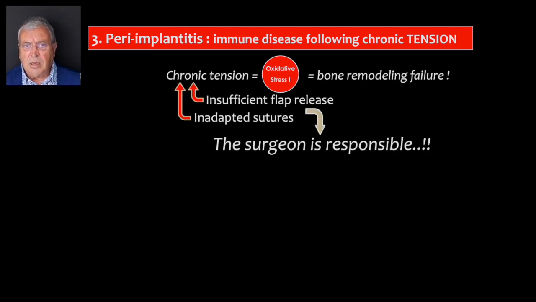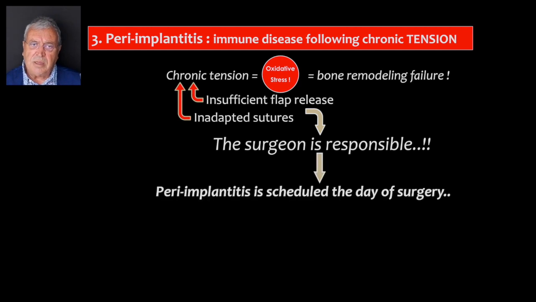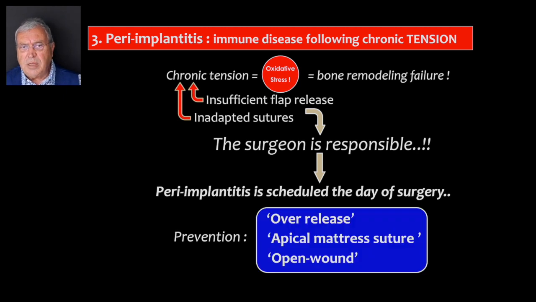It means the peri-implantitis is scheduled the day of the surgery when you don't manage the tension. Simply. How to prevent? Over-release, apical sutures, and if you cannot achieve enough release, leave open. It's much better to leave open than to try to close.